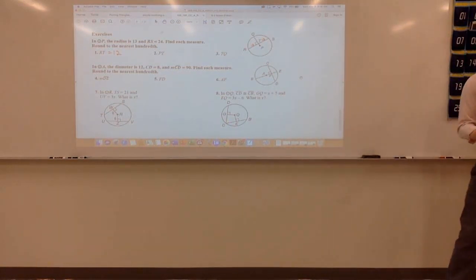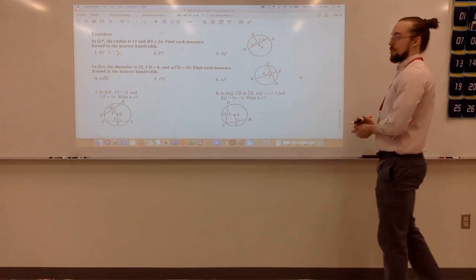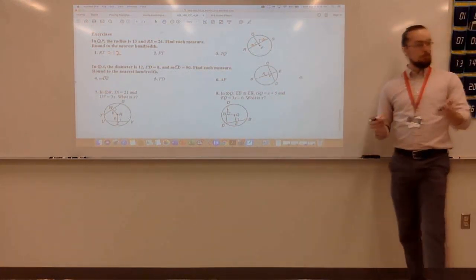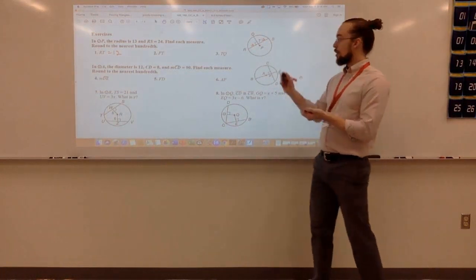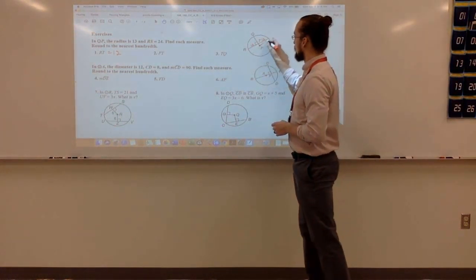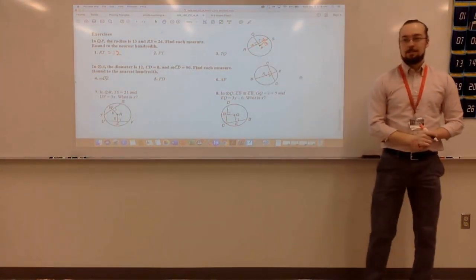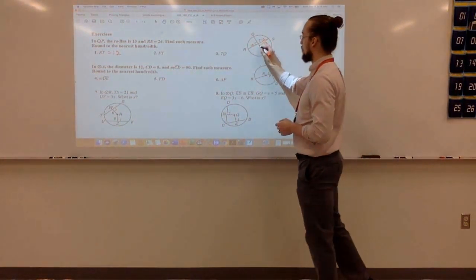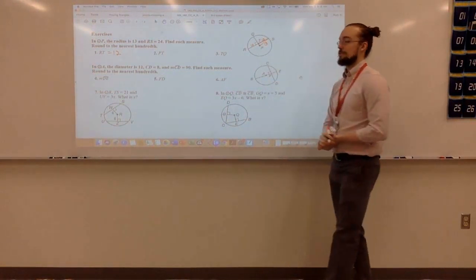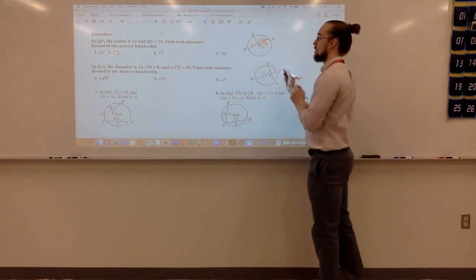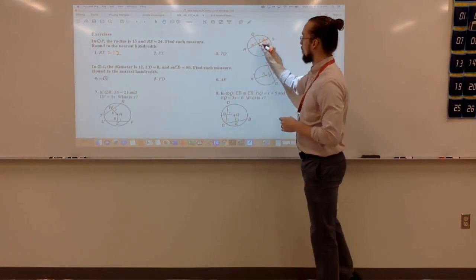So, the radius is 13. We can draw a radius anywhere, right? As long as we're going from the center to a point on the circle. So I can draw the radius of PS. That would be 13. Then we have a right triangle where PT is the one missing side.